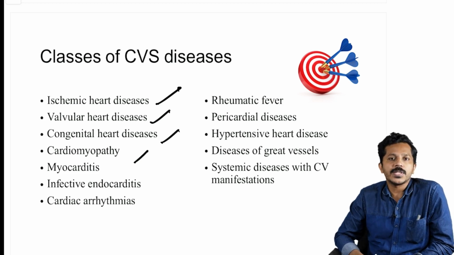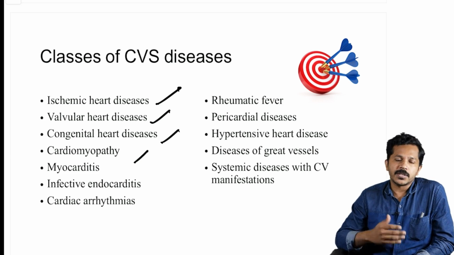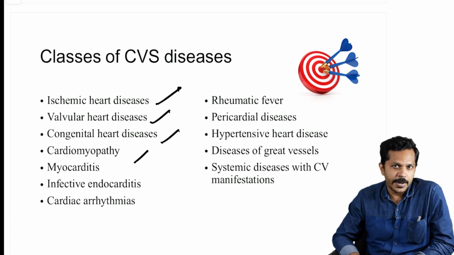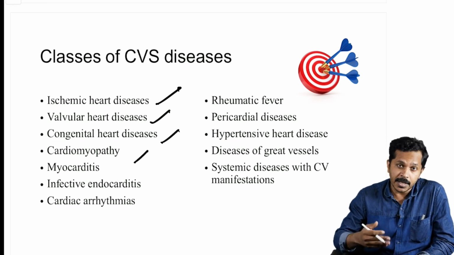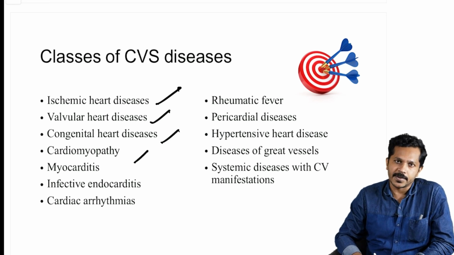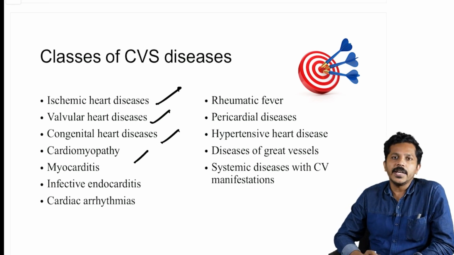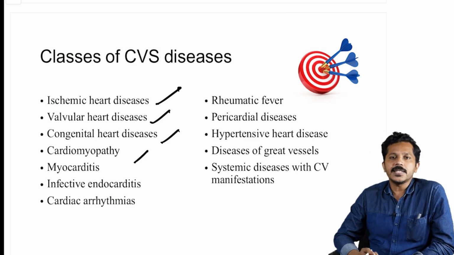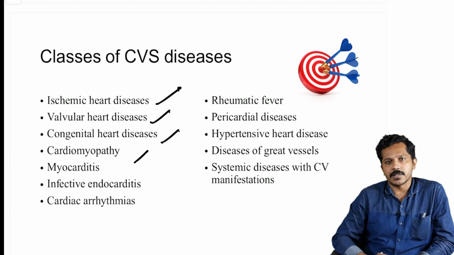For example, ischemic heart disease is one of the classical causes that presents with chest pain. Whenever you hear of chest pain, you think of myocardial infarction or ischemic heart disease. But chest pain can be due to various other classes of cardiovascular disease as well. First, the important thing is to identify whether this is a cardiovascular system illness or not. Then the second step is to identify which classes of cardiovascular disease are present in this patient.